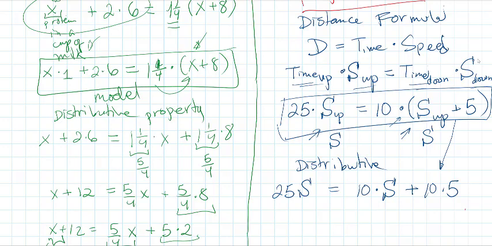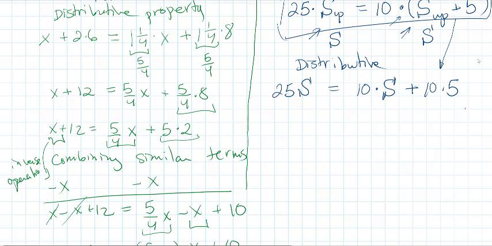Now, we want to combine like terms. Let's start with the variable terms. So we have 25s here and 10s here. We can use the inverse operation to plus 10s by subtracting 10s from both sides.